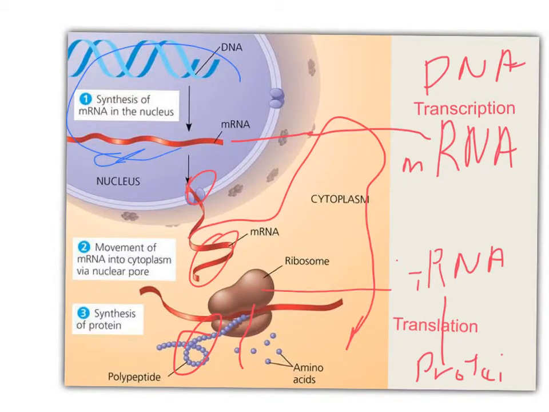Okay. So this is the basic process by which DNA is turned into a protein. And proteins, remember, do all the work. There are structural proteins. There are proteins like enzymes that handle chemical reactions. There are signaling proteins.